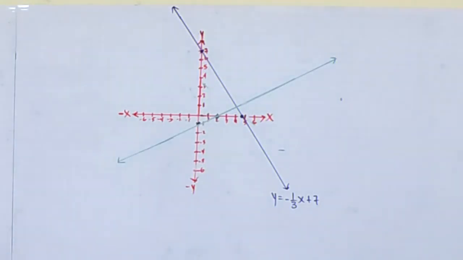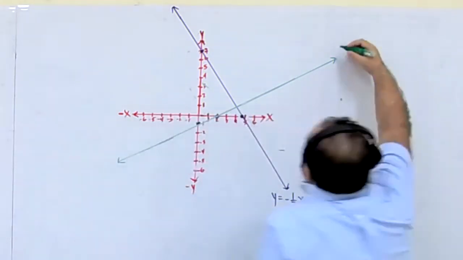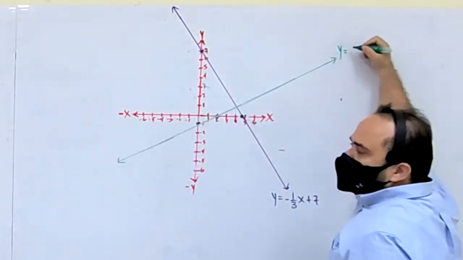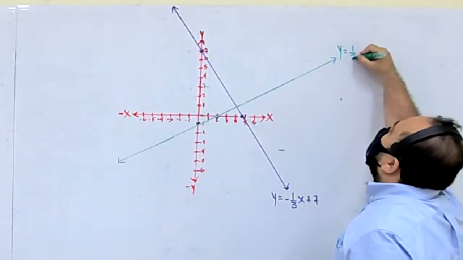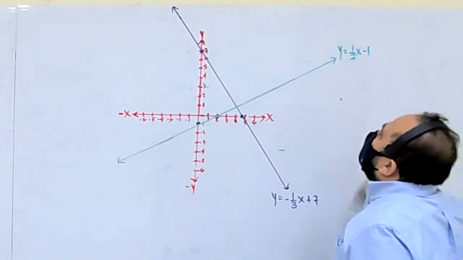And this is corresponding, hold on. Yeah, this is corresponding to the line y equals 1/2 x minus 1.